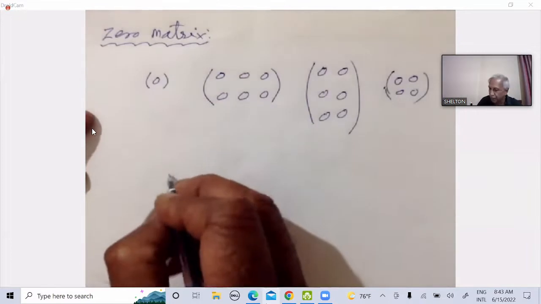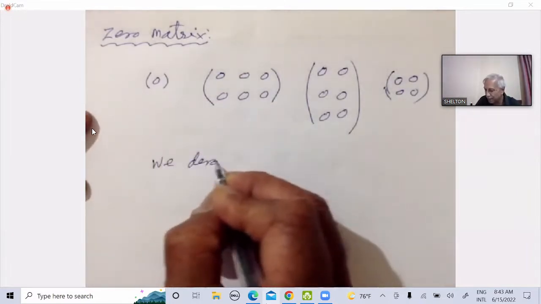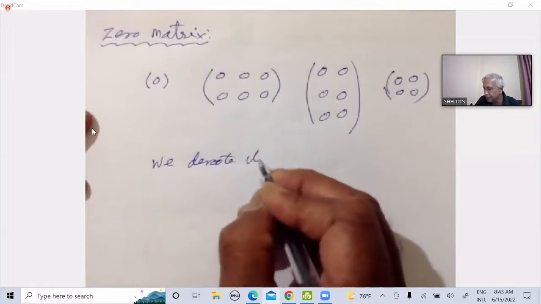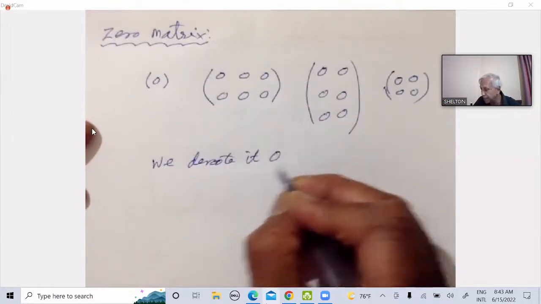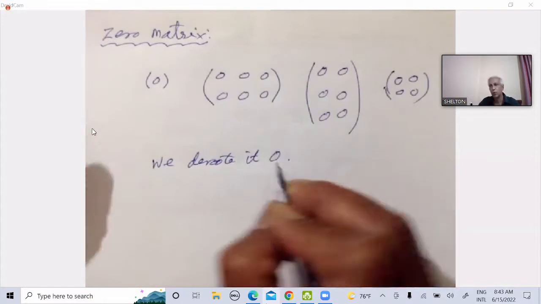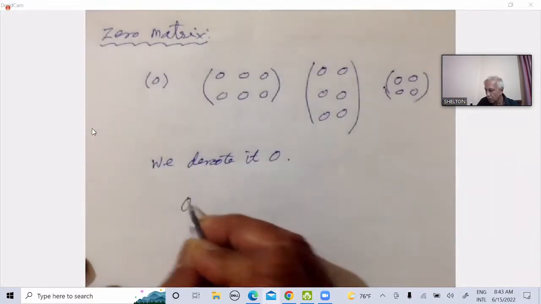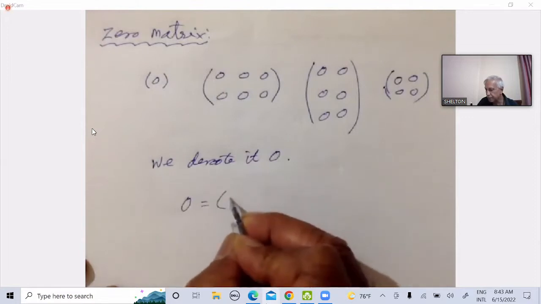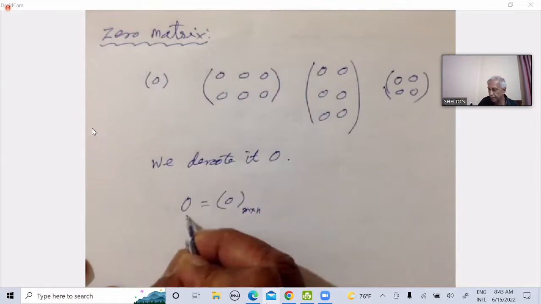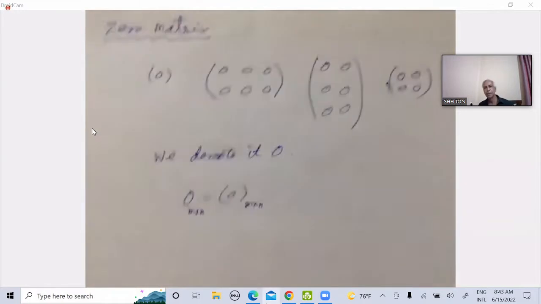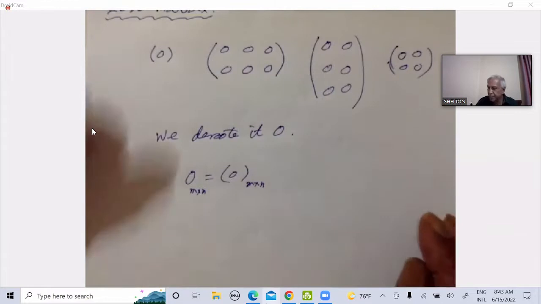So we denote it by, very elementary thing, it behaves like numbers also. Now it behaves like the number 0. We denote it by O. So O is equal to 0 m by n. So each entry is 0. Properties.